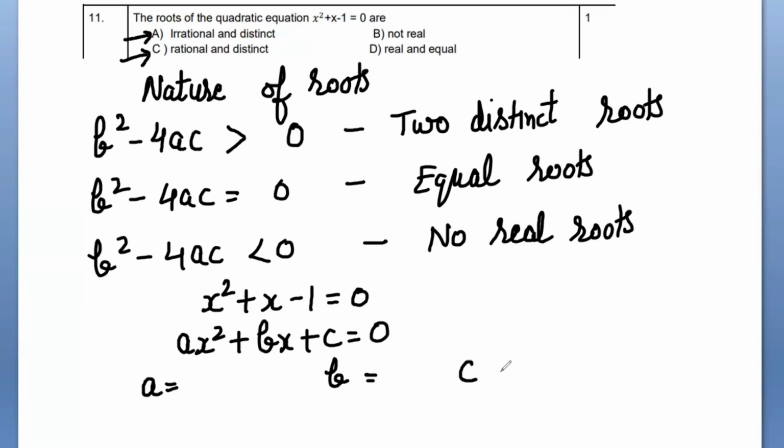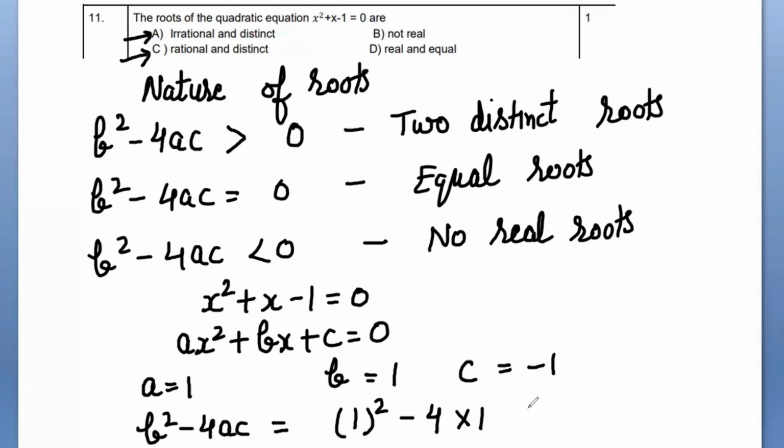In this equation, the value of a is 1, the value of b is 1, and the value of c is minus 1. So we need to find b square minus 4ac. We substitute the values: 1 square minus 4, the value of a is 1, the value of c is minus 1.